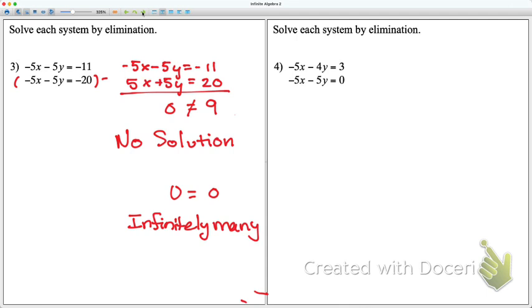We can do this one, I guess. Negative 5x minus 4y equals 3. Negative 5x minus 5y equals 0.